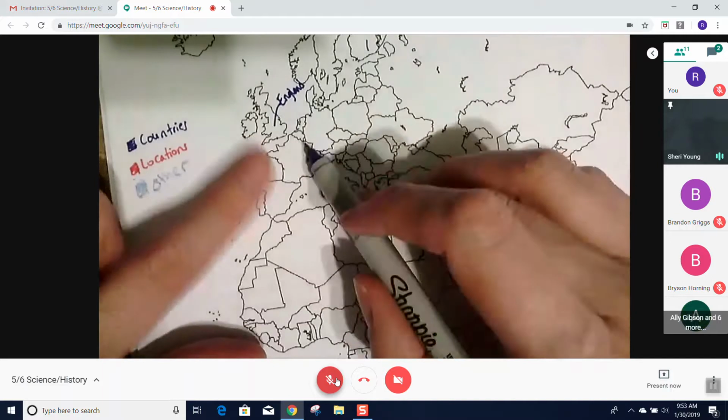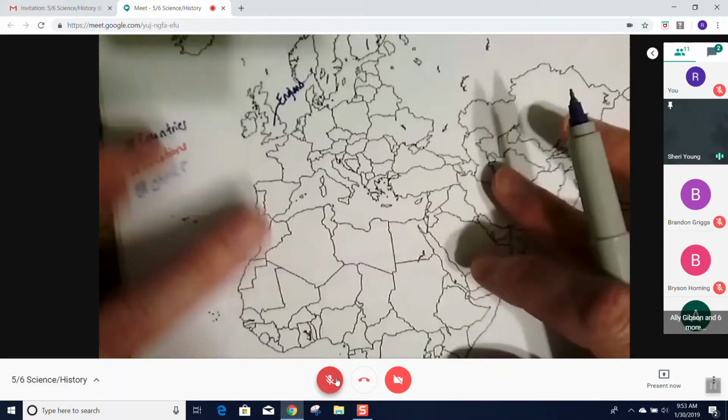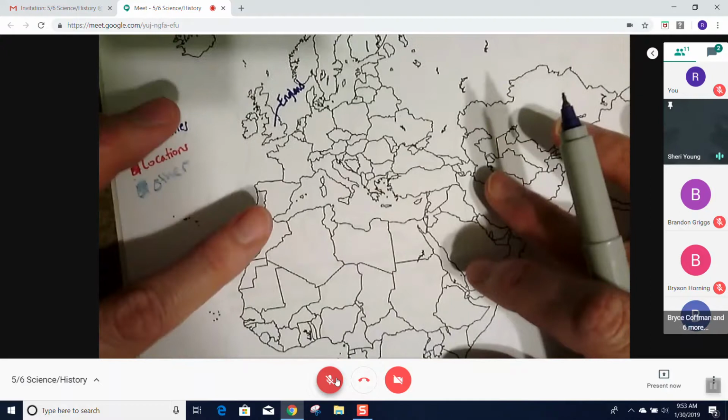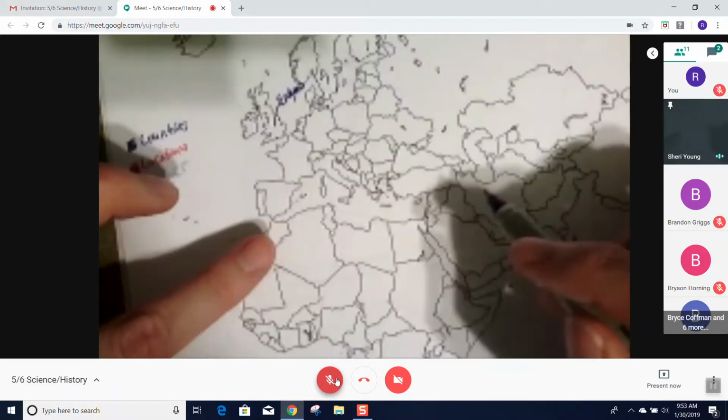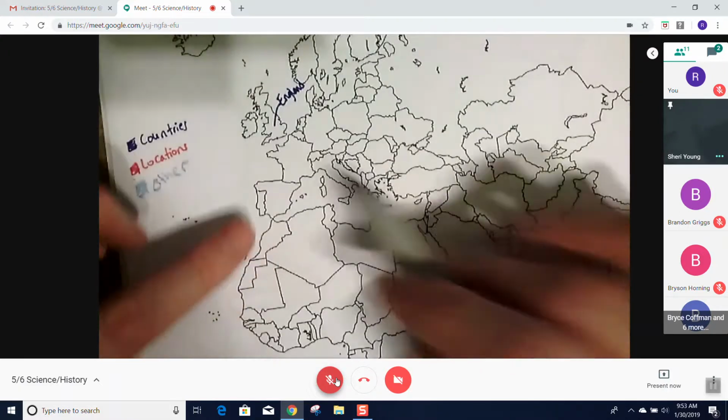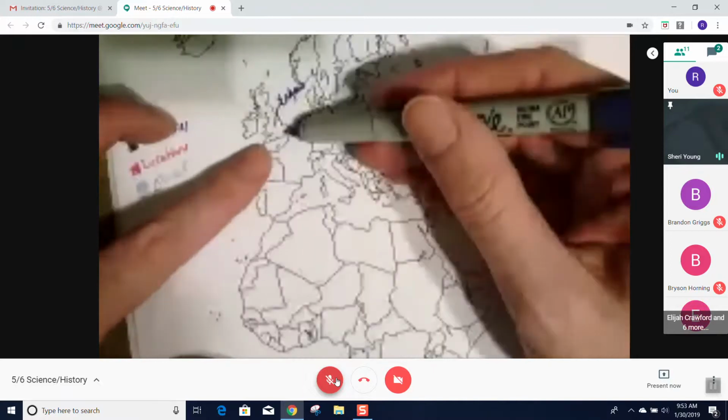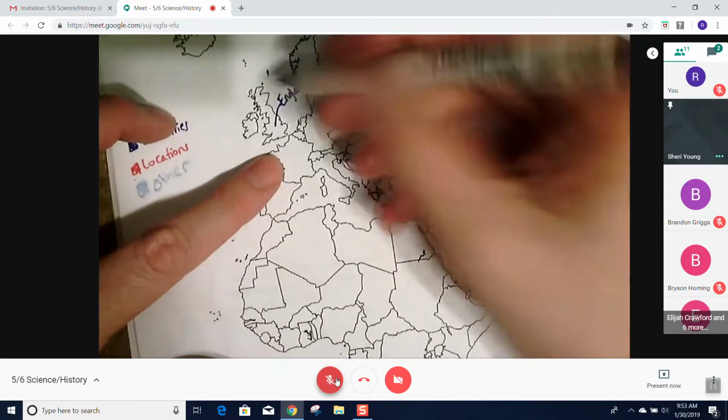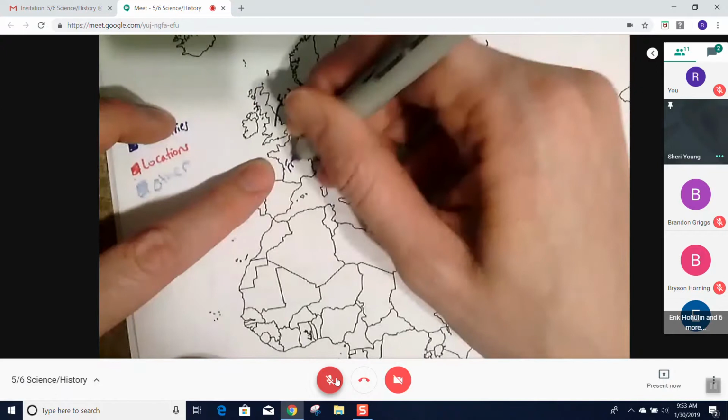Okay. And then we're only going to label some of these countries, not all of them. We're just going to do some of the main ones where he'll be traveling and stuff, and some that you're familiar with that are nearby. So if I go directly this way from England, this is France.